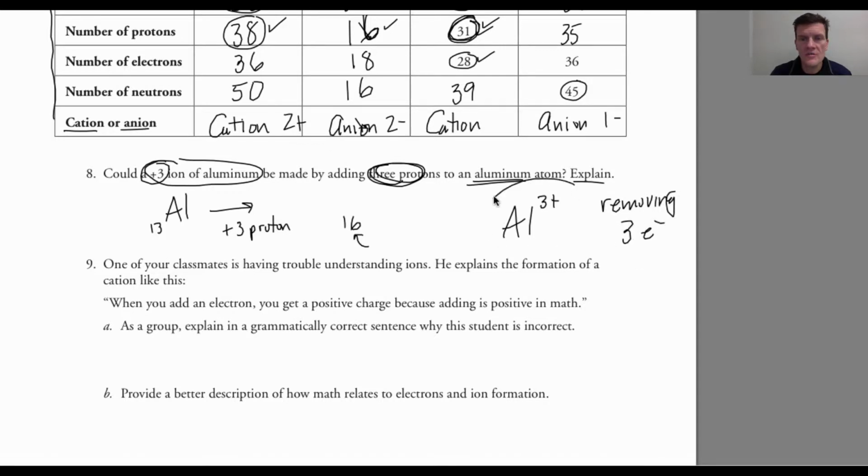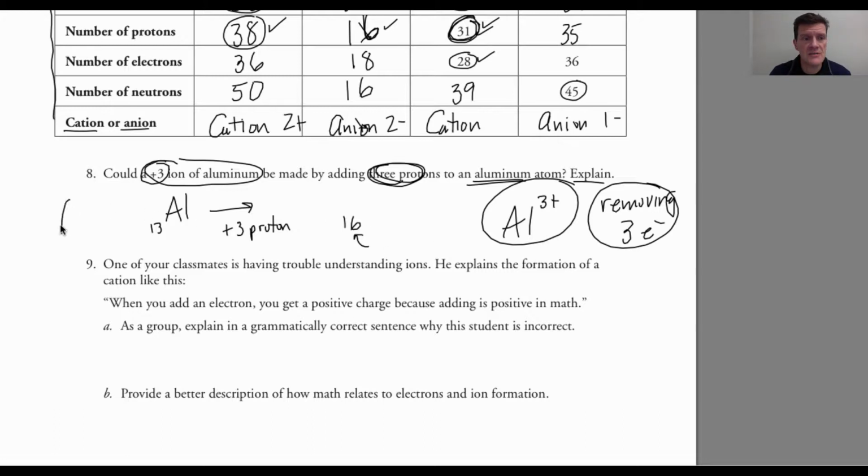The only way you make charged particles is by adding or subtracting electrons. You never take away protons if you want to keep the same element but just give it a positive or negative charge. If you have a different number of protons, you will not have the same element anymore.